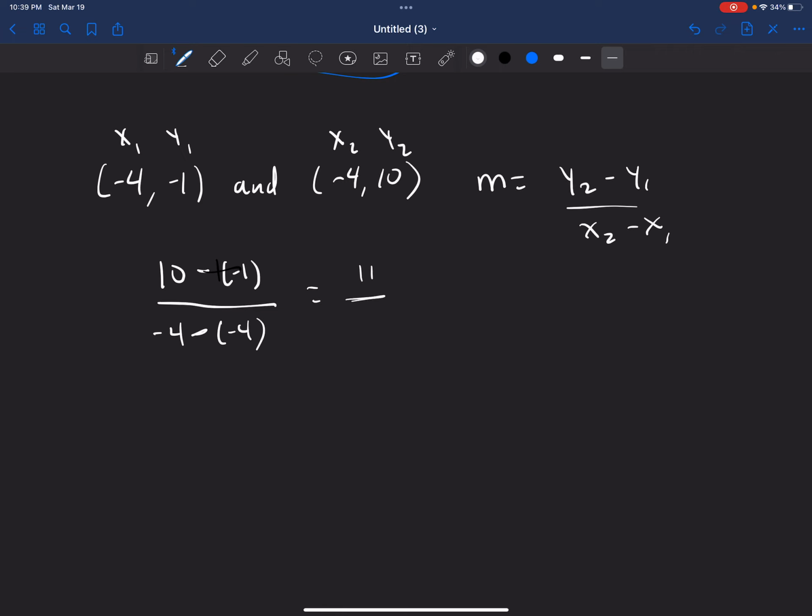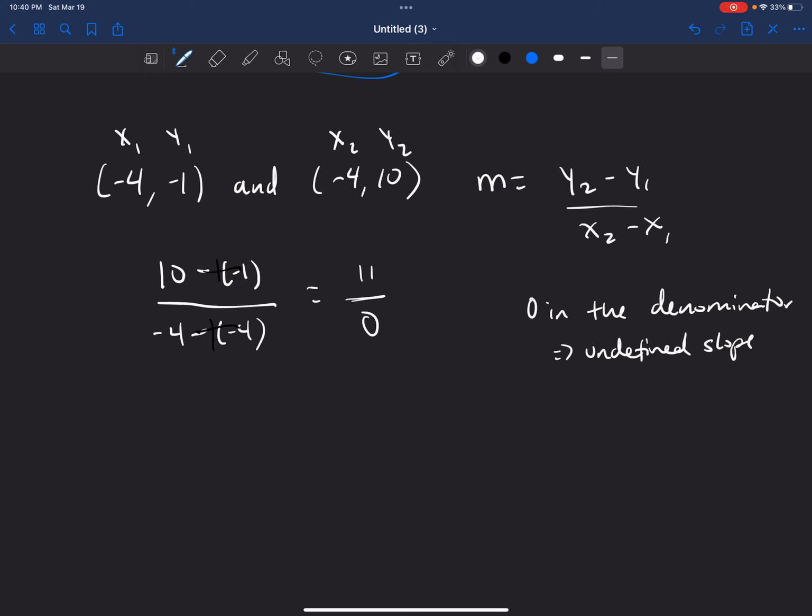And then all over, well, let's see, what's in the bottom? -4 minus -4. We know that a negative times a negative is a positive. So we have -4 plus 4, which is just 0. And since I have a 0 in the denominator, this means we have an undefined slope.